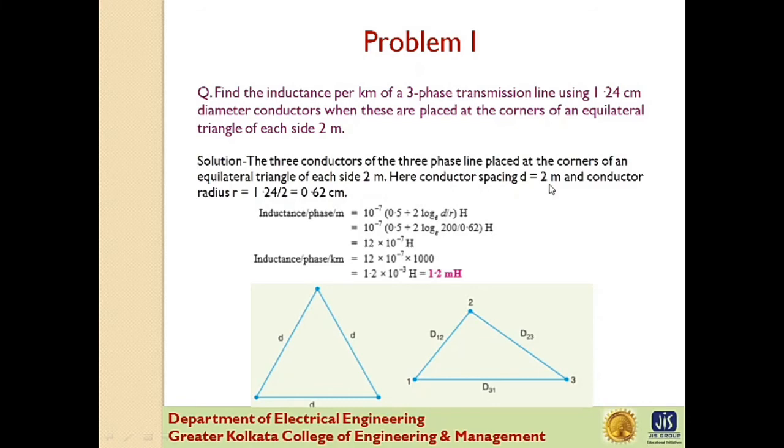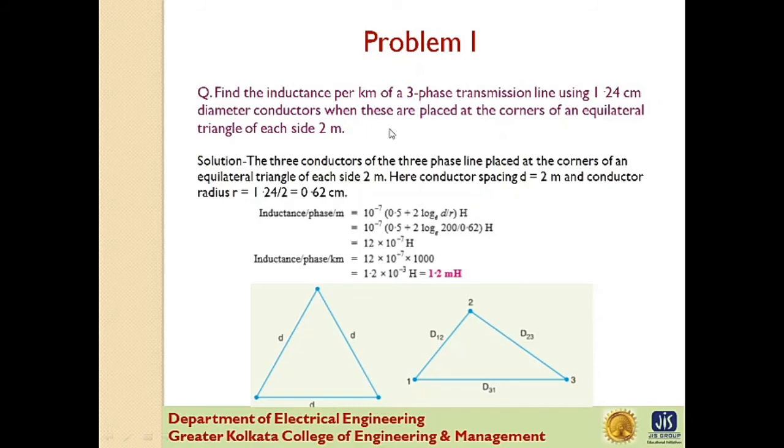Here the conductor spacing D is 2 meter and the conductor diameter is 1.24 centimeter. So D is equal to 2 meter or 200 centimeter and the radius is equal to 1.24 divided by 2, that is 0.62 centimeter.